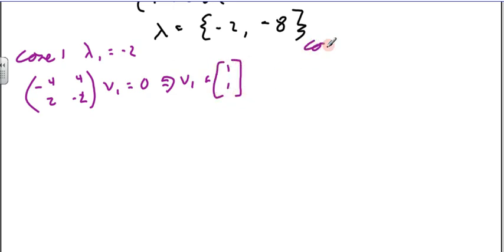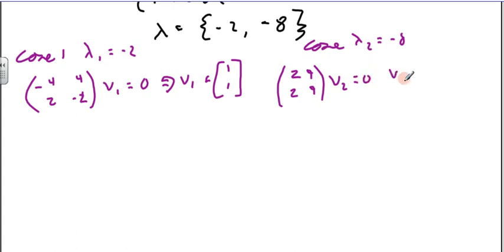Case 2. Lambda 2 is equal to minus 8. And I have 2, 4, 2, 4 times V2 is supposed to be 0. So by inspection V2 is going to be 2, minus 1.